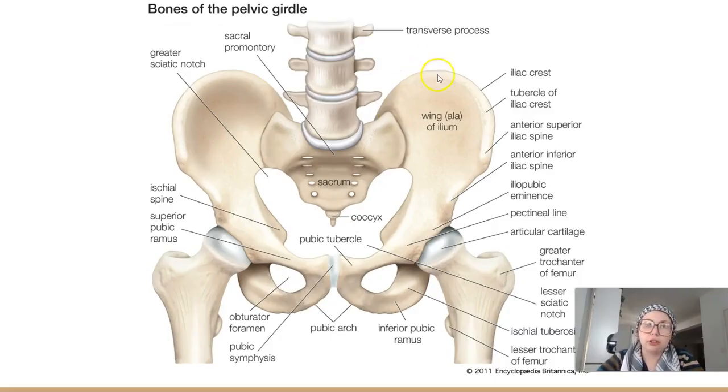We have our iliac crest, our ala of the ilium, our ASIS, which will be our centering landmark. We have our ischial spine, ischial pubic rami, inferior pubic rami, our ischial tuberosities, and pubic symphysis.